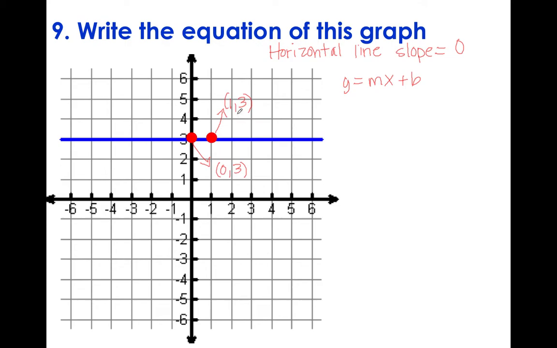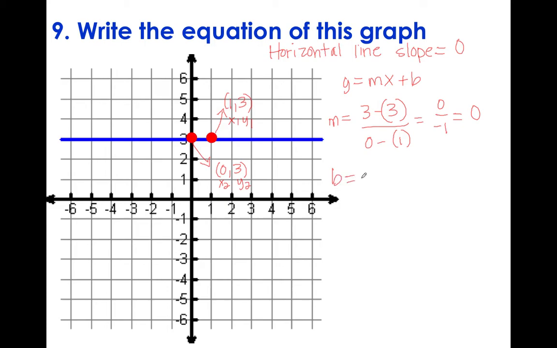And so when I label it x1, y1, x2, y2, that means that m is equal to 3 minus 3 over 0 minus 1. And so therefore I get 0 over negative 1. And we know 0 divided by anything is just 0.